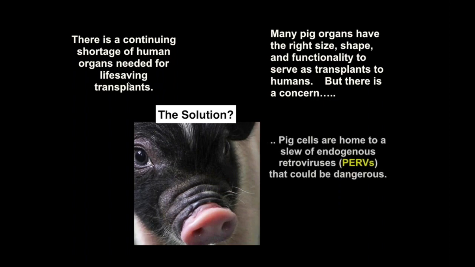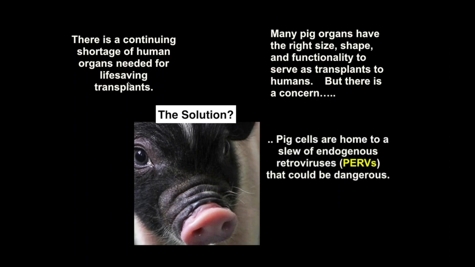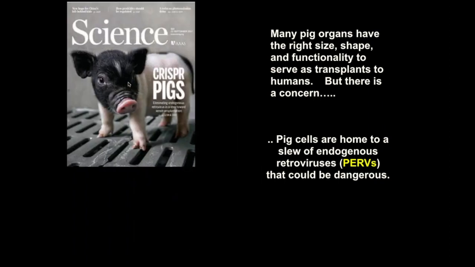But there is a concern, and that is pig cells are home to a slew of retroviruses, viruses that are actually in the pig nucleus. These are called, and please don't laugh, PERVs, P-E-R-V-S, for porcine endogenous retroviruses. These would be dangerous. I wouldn't want a kidney transplanted into me that had these potential viruses inside it that might make me sick. So the solution, believe it or not, turns out to be CRISPR pigs.